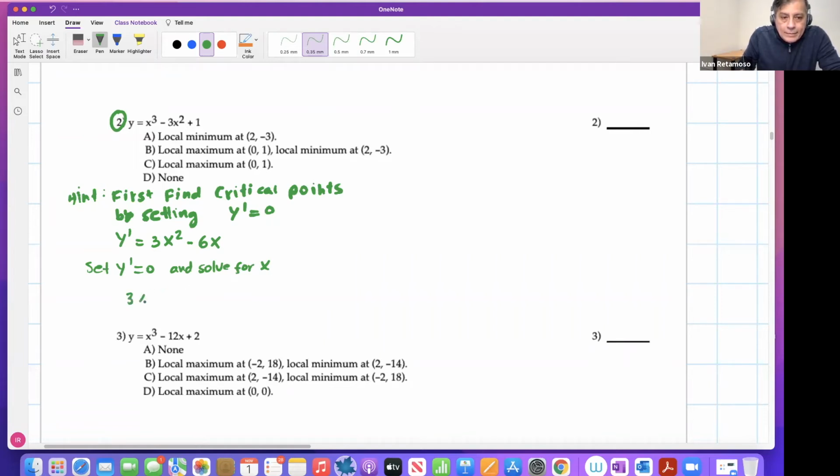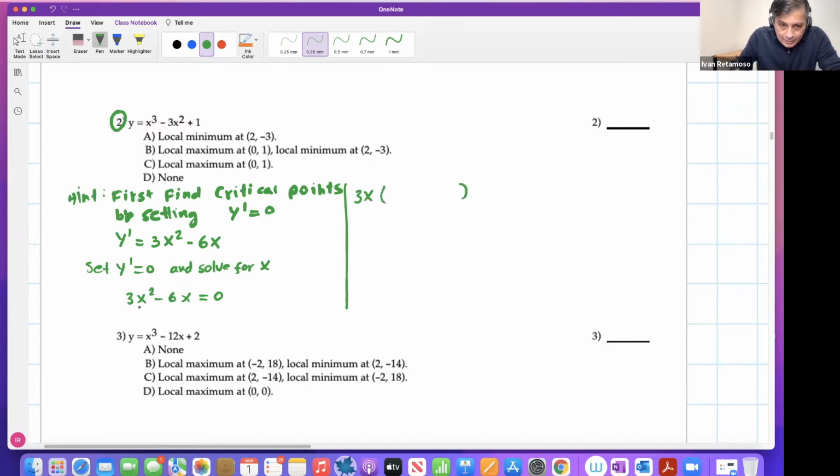So 3x squared minus 6x equals 0. And here comes the tricky part. When you factor this, the greatest common factor happens to be 3 for 3 and 6, right? For x squared and x, you always take the one with the smallest exponent, which is x raised to the first power, right? So this outside, the greatest common factor.